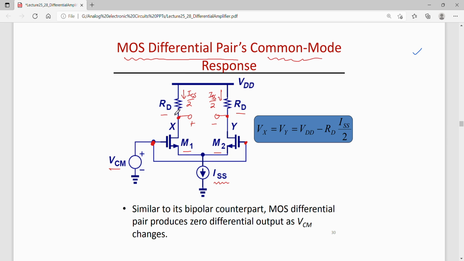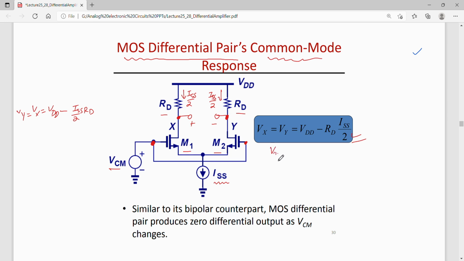So one can write Vx as VDD minus ISS by 2 times RD. Okay. And Vy also would be same, that is VDD minus ISS by 2 times RD.